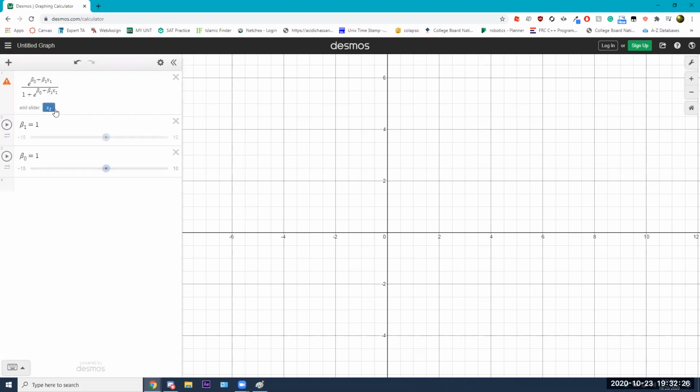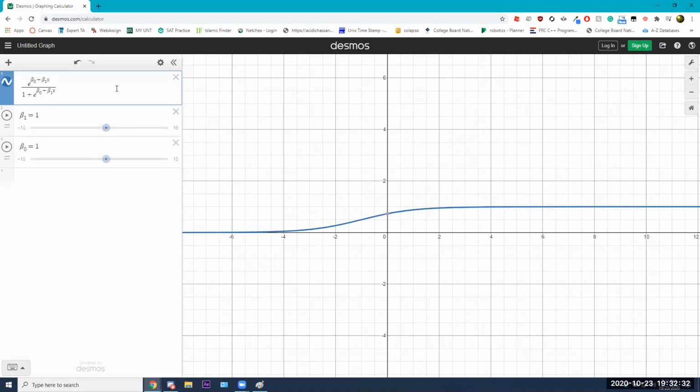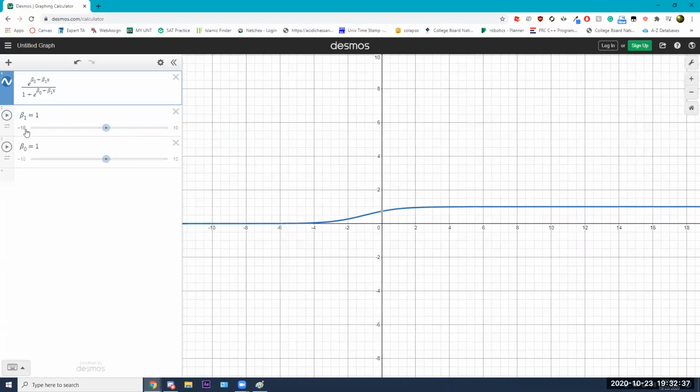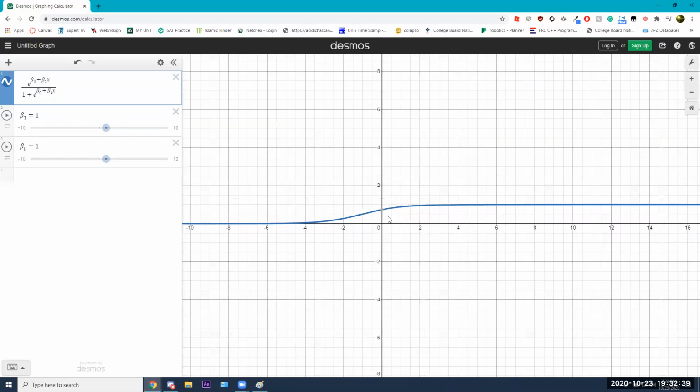Instead of x1, let's just put x. So here we have beta naught and beta 1 both at 0.